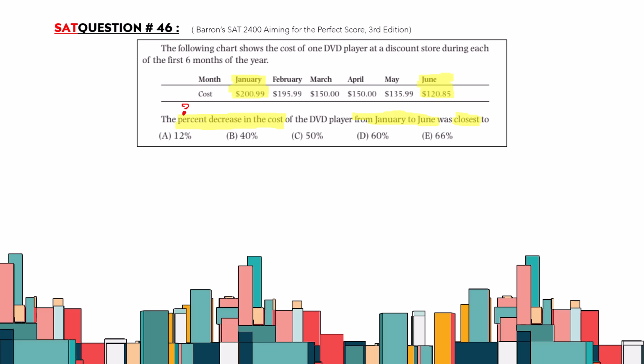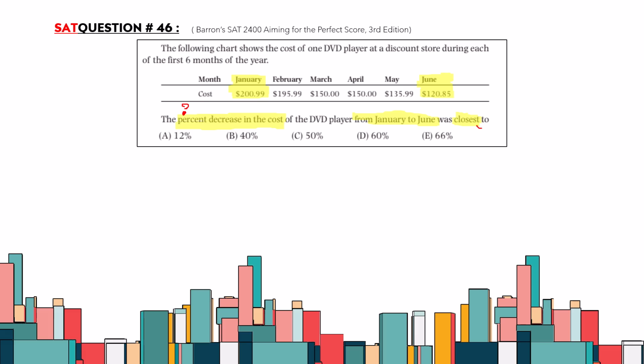You can kind of guess, making sure it's close to the actual numbers. You don't have to answer in actual numbers, just closest, right? So that will make this question easier to work on.